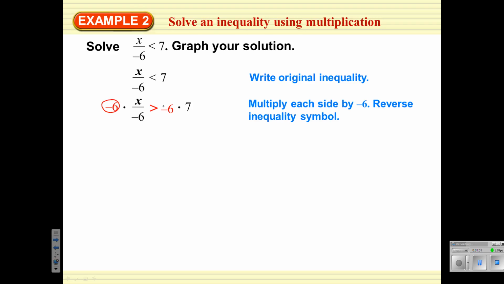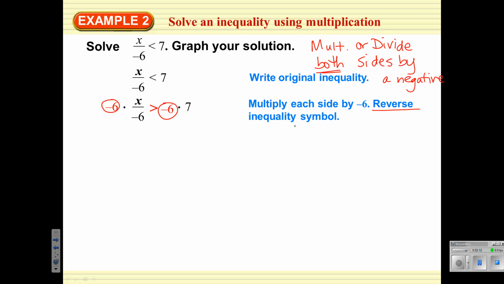Anytime you multiply or divide, and you may have gotten this out of the book, when you multiply or divide both sides by a negative, you reverse the inequality symbol. So since we're multiplying both sides by a negative, instead of a less than, we now have a greater than.